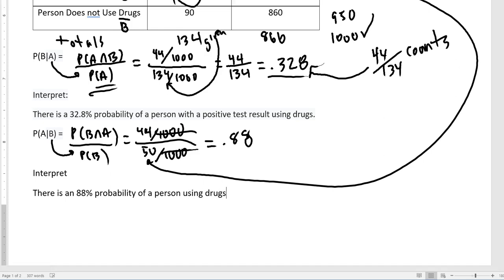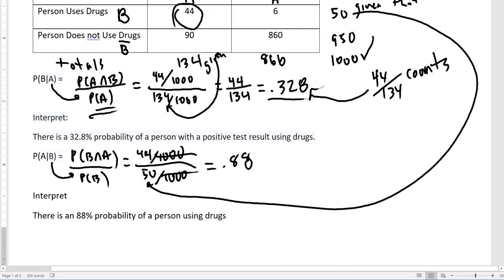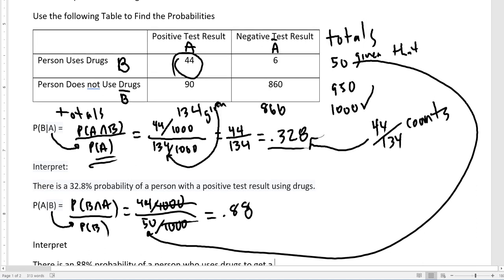Using drugs. Person who uses drugs. There is an 88% probability of a person who uses drugs to get a, what?